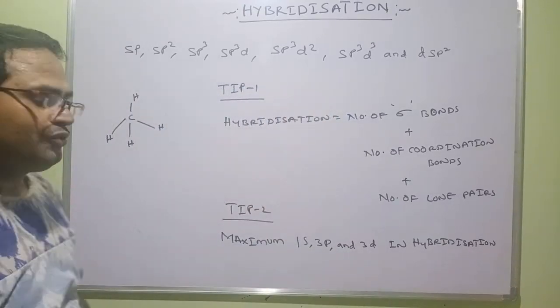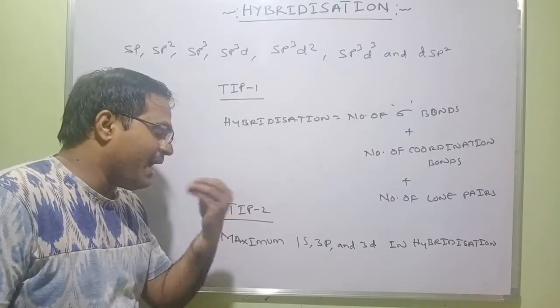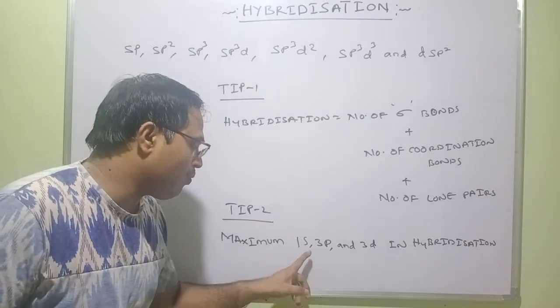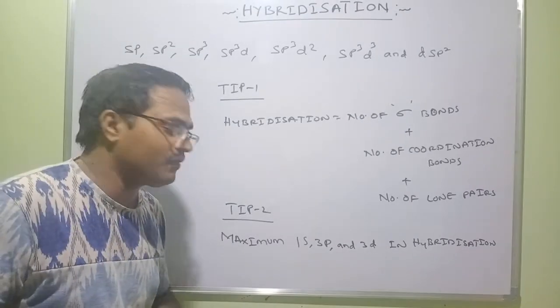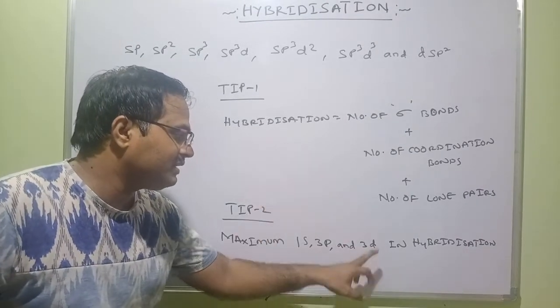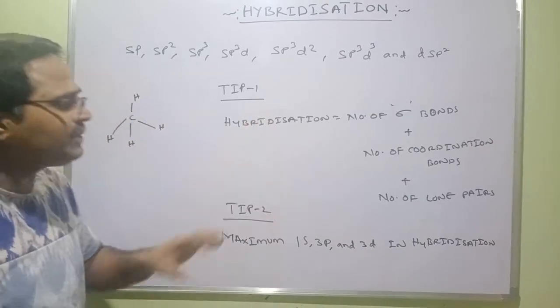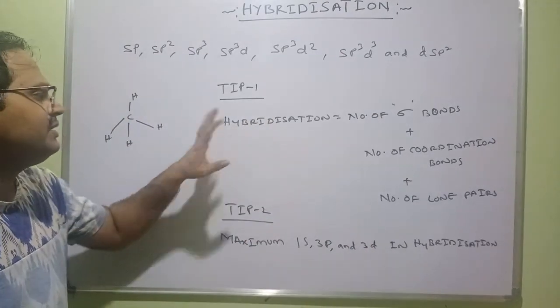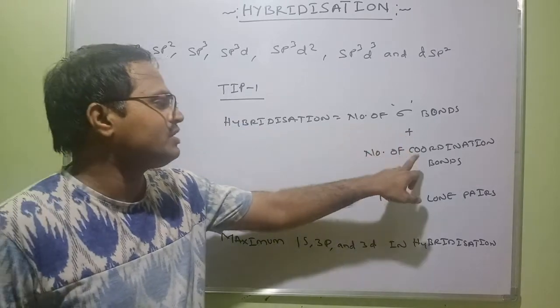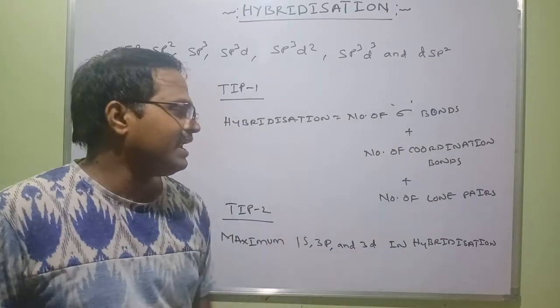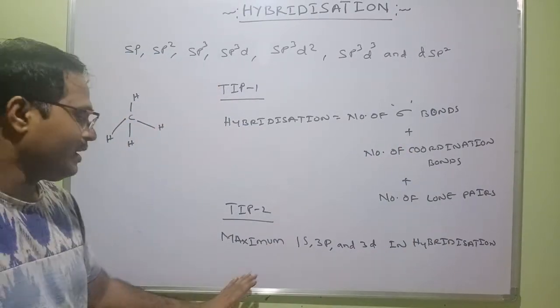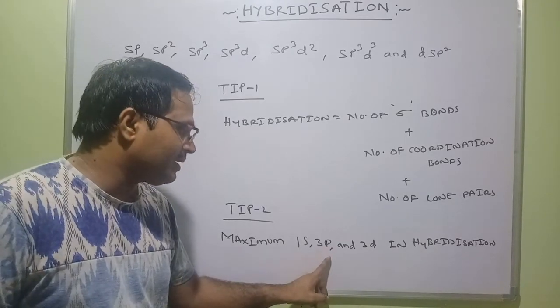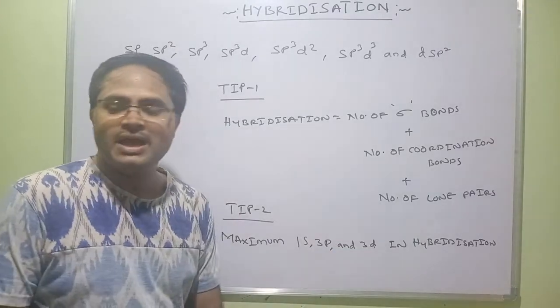You take any hybridization; in that, the maximum number of s orbitals you can find is 1, the maximum number of p orbitals is 3, and d orbitals is 3. These are the two tips you should remember. Very easy. So hybridization equals the number of sigma bonds plus the number of coordination bonds plus the number of lone pairs around the central atom, and a maximum of 1 s orbital, 3 p orbitals, and 3 d orbitals are involved in hybridization.